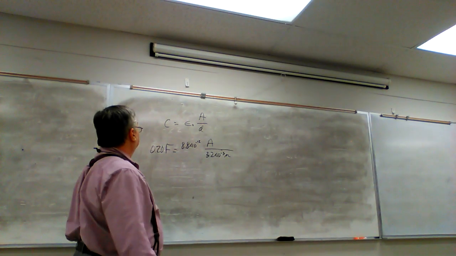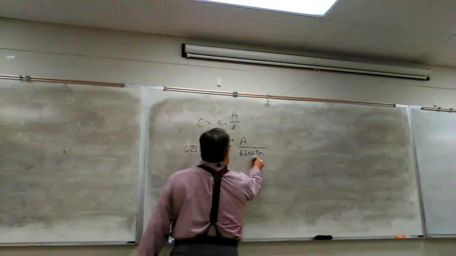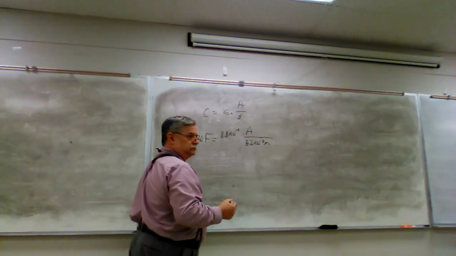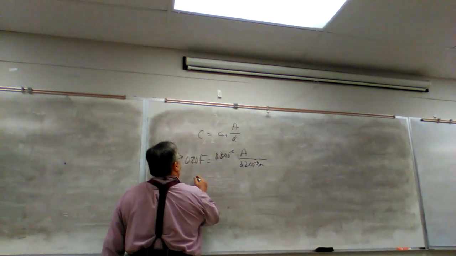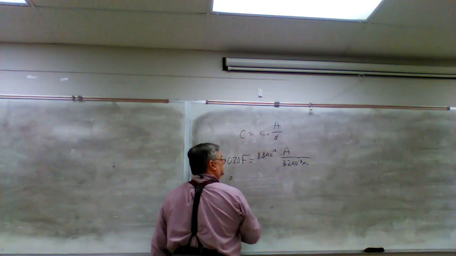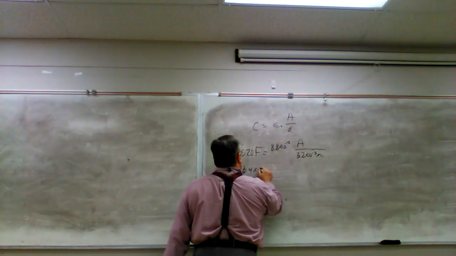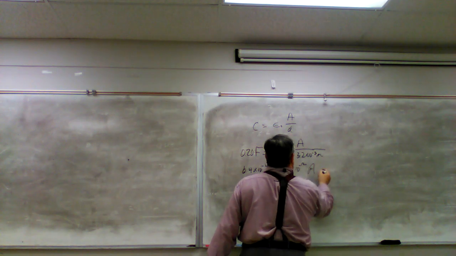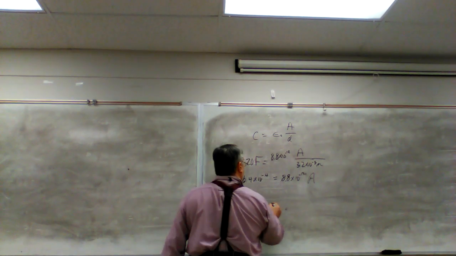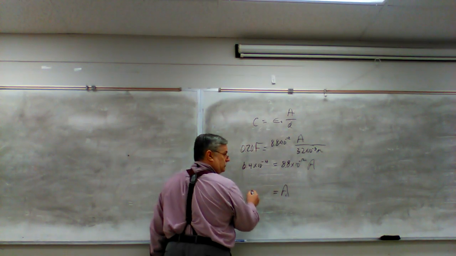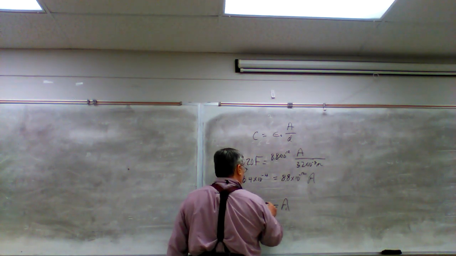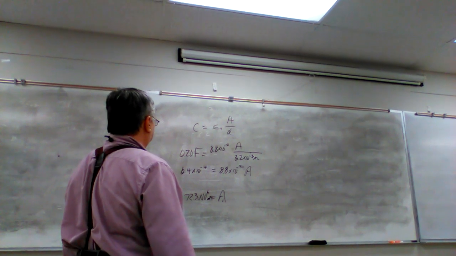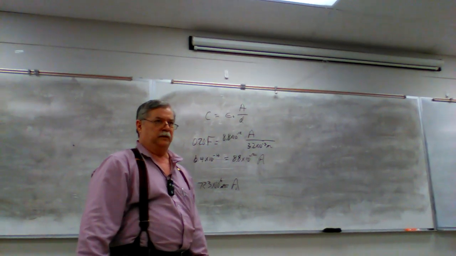Okay, all we got to do is solve for A. 3.2 times 10 to the minus 3 times 0.2 equals 8.8 times 10 to the minus 12 times A, and if we divide that by 8.8 times 10 to the minus 12, we get 72.3 times 10 to the what? So, 72.3 million square meters.